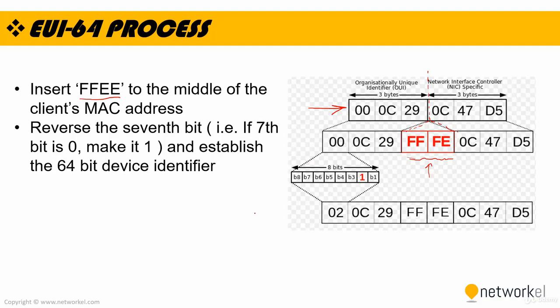Then I need to reverse the 7th bit. For example, if the 7th bit is 0, make it 1. If it's 1, make it 0. And establish the 64-bit device identifier. Here I'm writing 00.